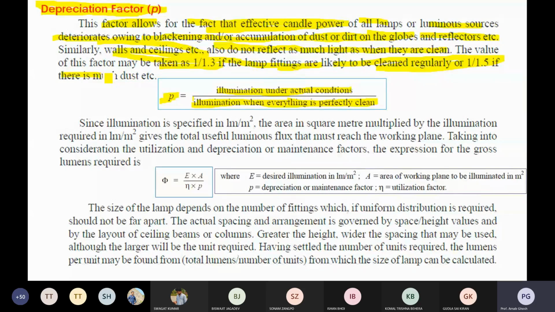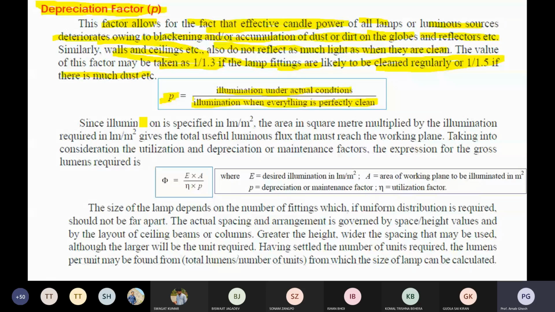If it is not clean, it is 10 by 15, meaning the denominator is more. 10 by 13 has a denominator of 13, and 10 by 15 has a denominator more than your previous one. So you will get a lower P value. That's why the depreciation factor is there.